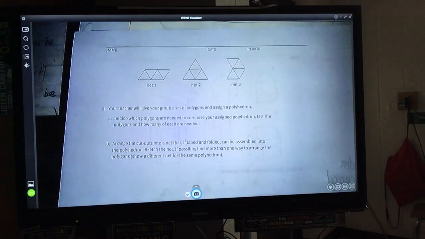Stand up if you think that net 2 will fold into that pyramid. Okay. All right, and then stand up, have a seat, sir, if you think that net 3 will be folded into that triangular pyramid.